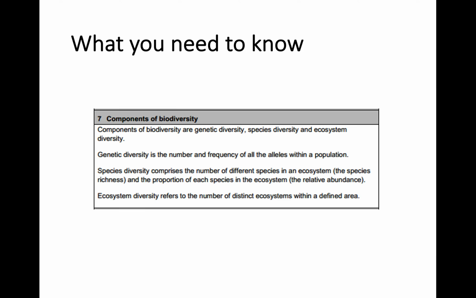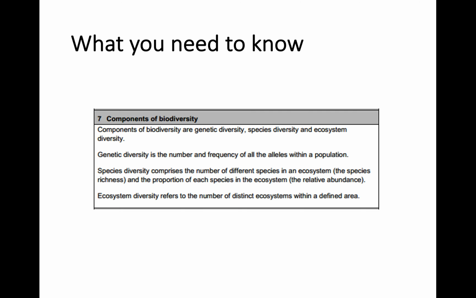Just make sure that you know that the components of biodiversity are genetic diversity, species diversity, and ecosystem diversity. You need to know what genetic diversity actually is made up of, and it'd be helpful if you knew the knock-on impact of losing alleles or losing a population, what happens to genetic diversity there.